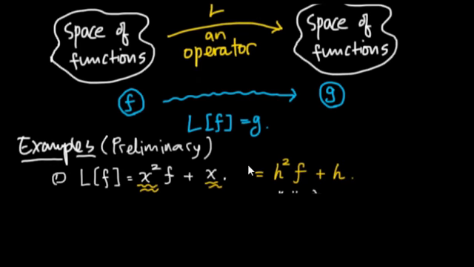So here's a simple example. If a function f is given, what we're going to do is that this function f is multiplied by this function called x squared, and plus the identity function x. If we name that function x by h, this must be called h squared function.